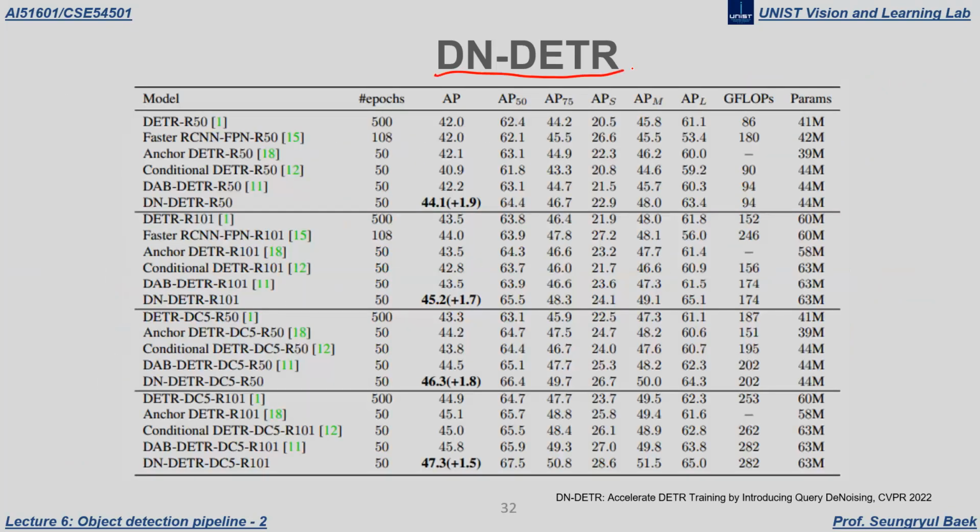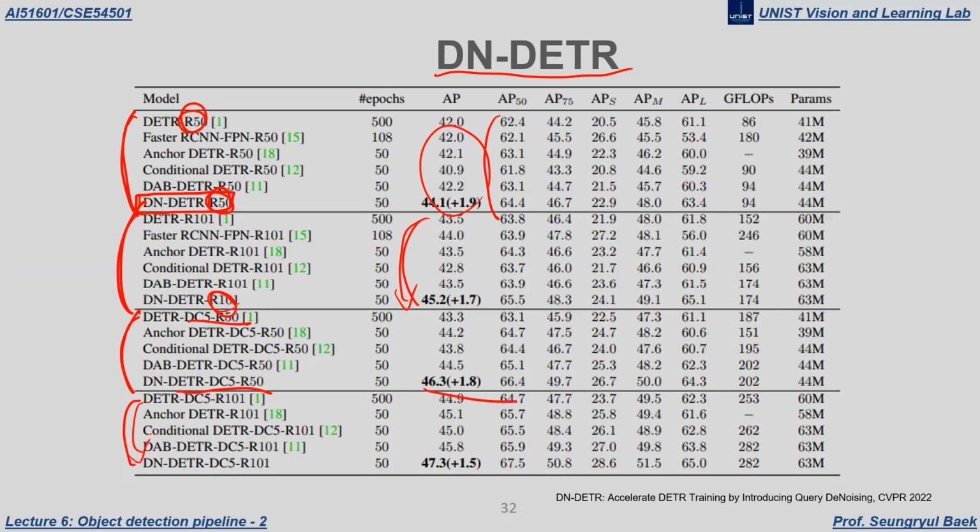So another merit of the DN-DETR is that it can be applied to almost every DETR-like method, okay? Anyway, DN could be applied to DETR using ResNet 50 as the backbone, okay? They surpass almost all methods, okay? And also the backbone is changed and they applied DN.